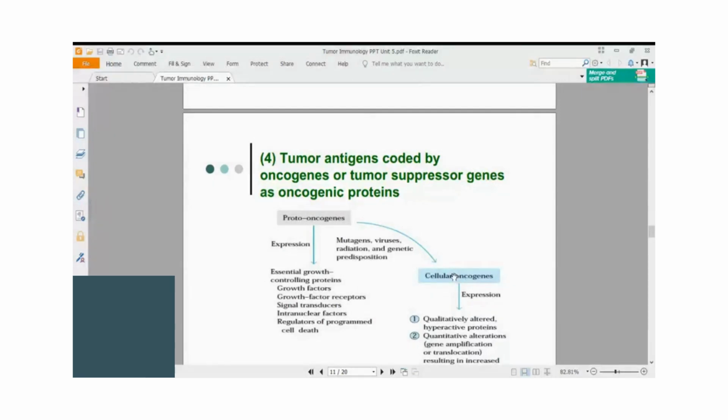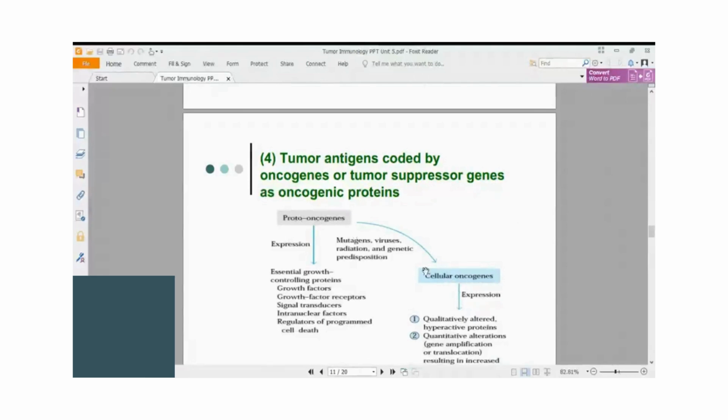Cellular oncogenes. Proto-oncogenes are normal. Cellular oncogenes are abnormal. They are the mutant version of proto-oncogenes. When they are the mutant versions, the protein products produced by the cellular oncogenes will not be the same as the protein product produced by the proto-oncogenes.